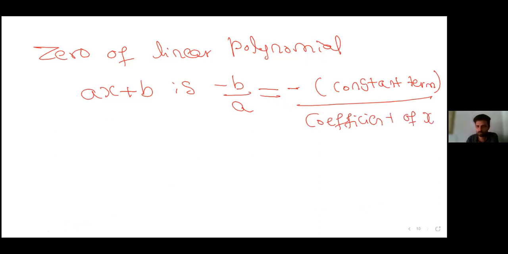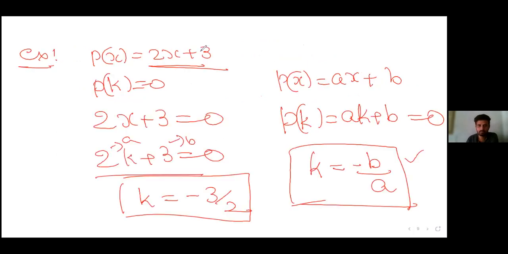So what is it here? This is minus 3 by 2. Look at this, 3 is the constant term, right? This is the constant term. Then 2, this is the coefficient of x.